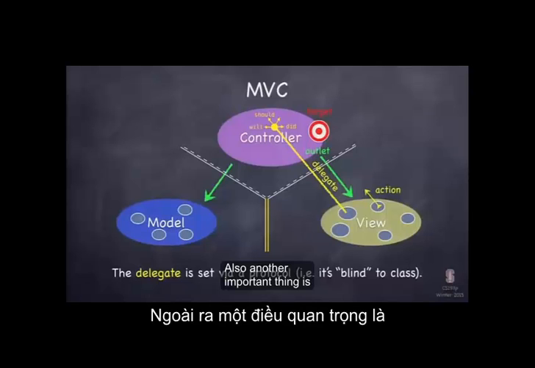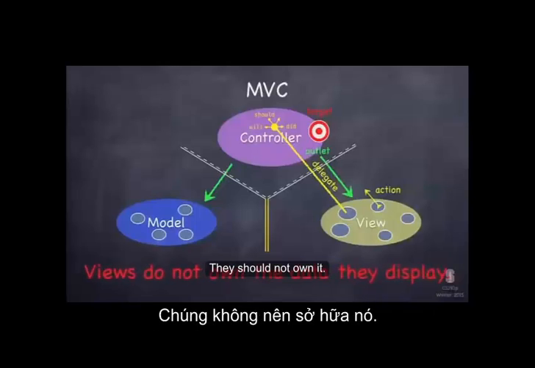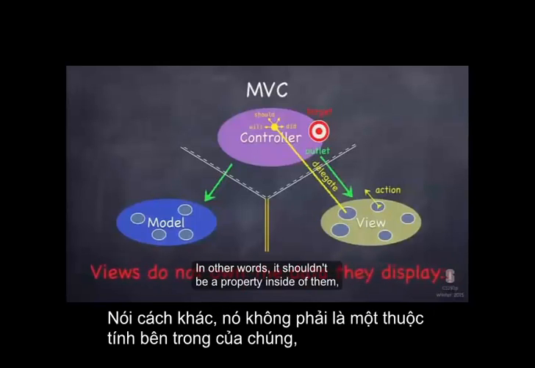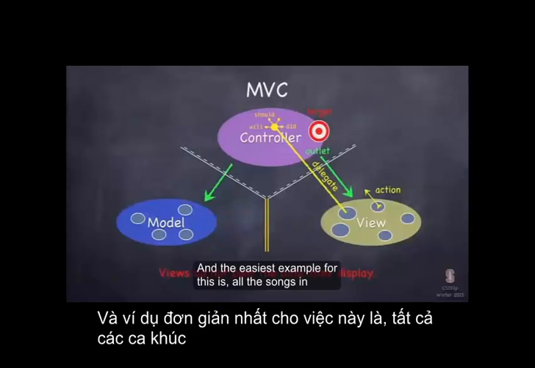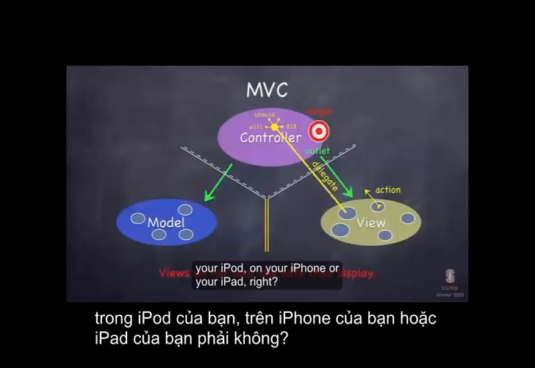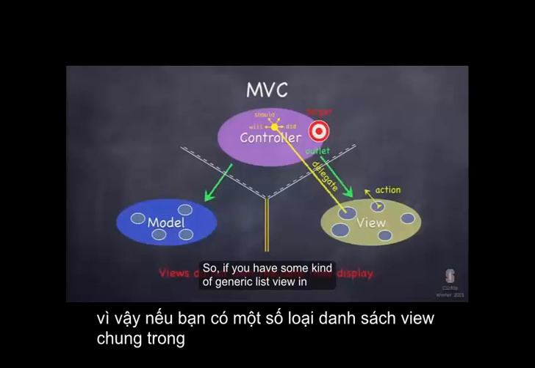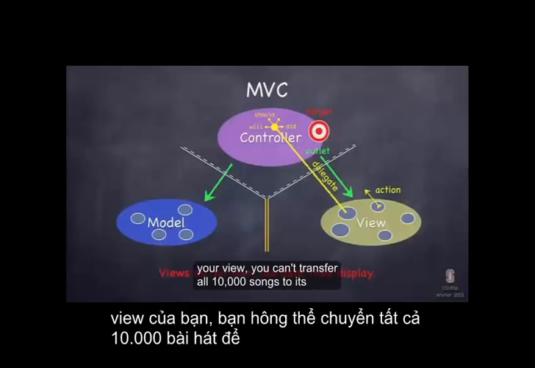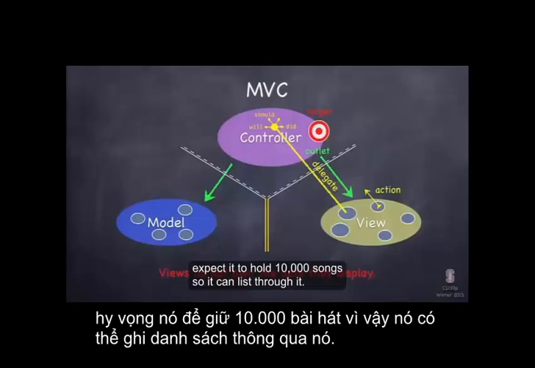Also, another important thing is that views should not own the data that they're displaying. In other words, it shouldn't be a property inside of them where that's the truth of that data. The easiest example for this is all the songs in your iPod, on your iPhone or your iPad. You might have 10,000 songs in there. If you have some kind of generic list view in your UI, you can't transfer all 10,000 songs to its instance variables and expect it to hold 10,000 songs so it can list through them.